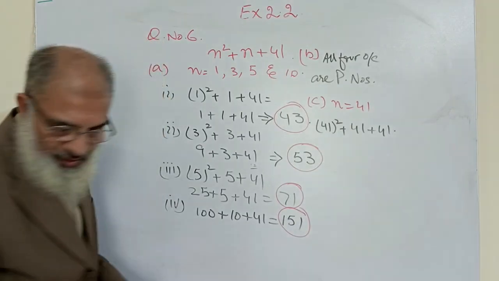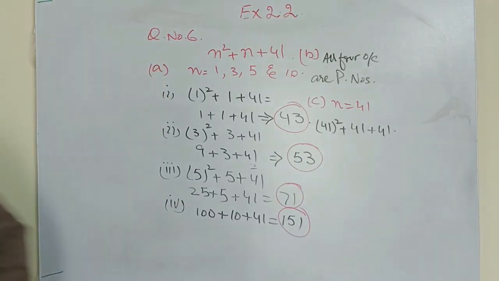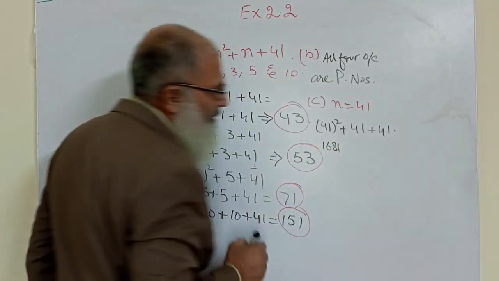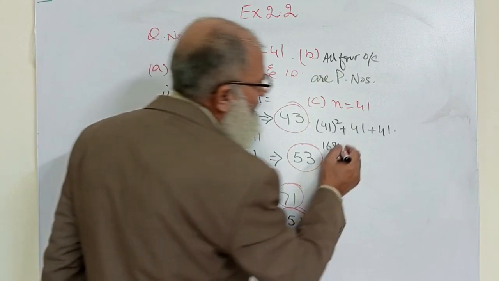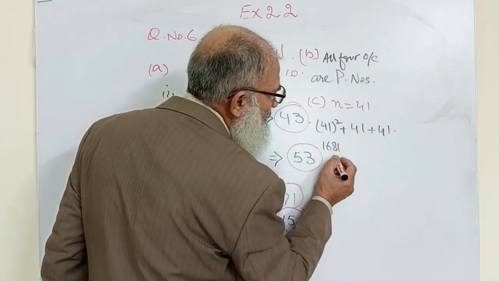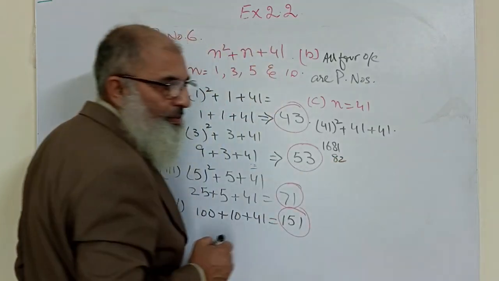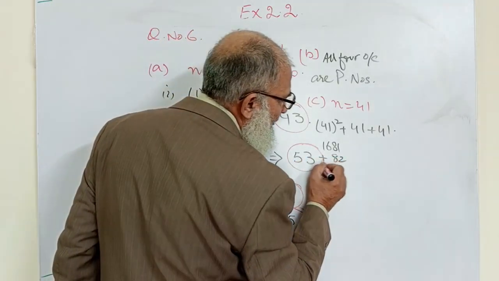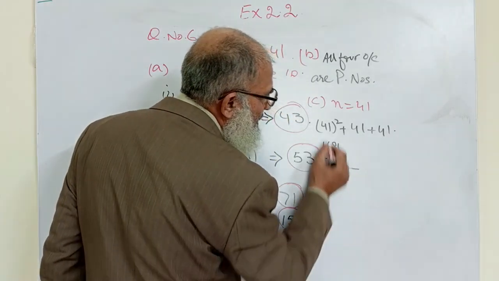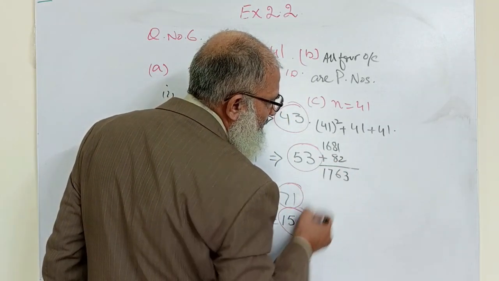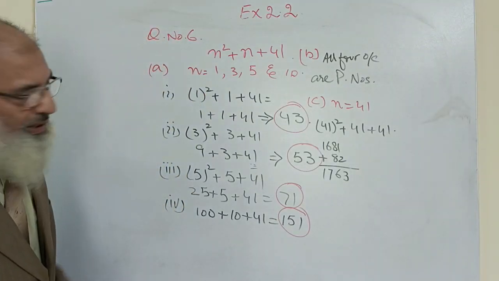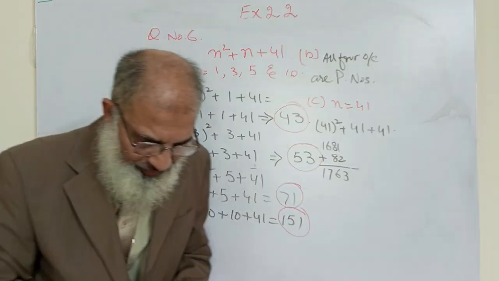So 41 the whole square will be 1681 plus 41 plus 41. That means 82. Just add 82. Now it becomes 3, it becomes 6, it becomes 7, and it becomes 1763. 1763 is our answer.